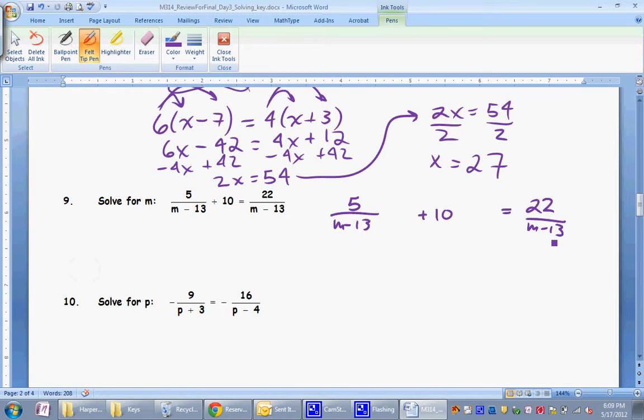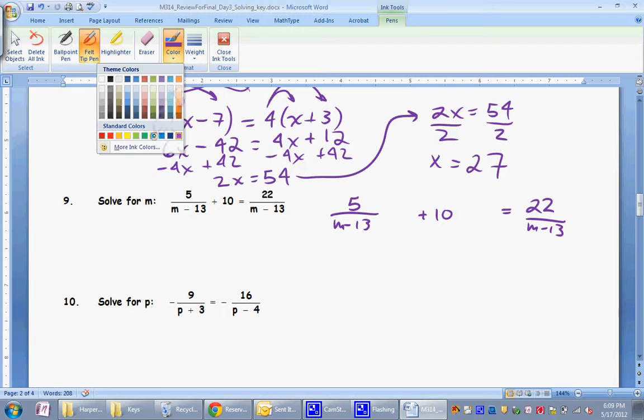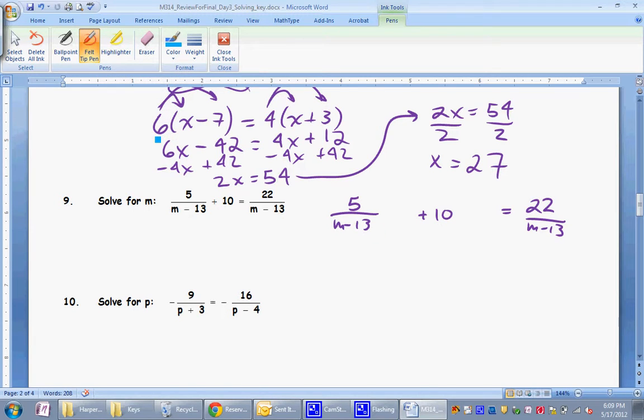The part of this problem that makes it kind of annoying is you're going to notice that there's these denominators here with m minus 13s, and really we don't want denominators with variables in there. Somehow we want to clear out those denominators. But if I multiply every single term of this equation by m minus 13, I'll clear out those denominators in no time. Cancel and cancel.